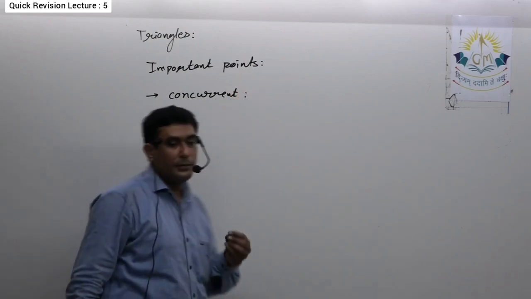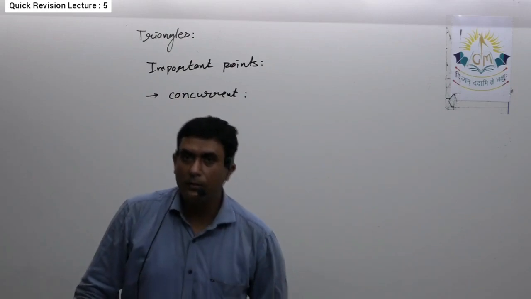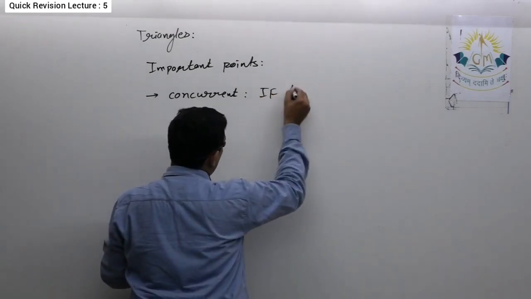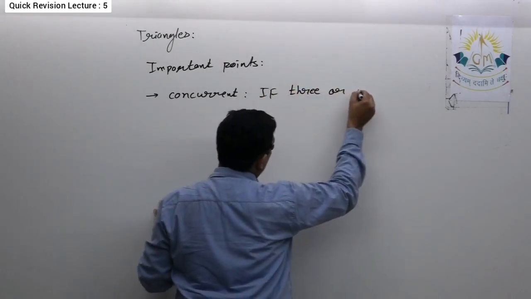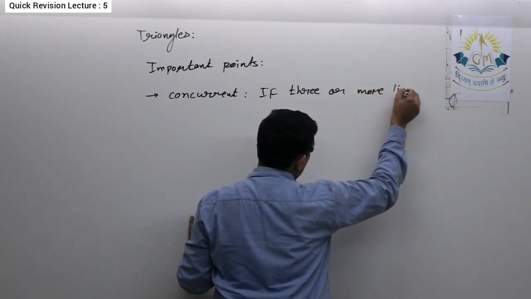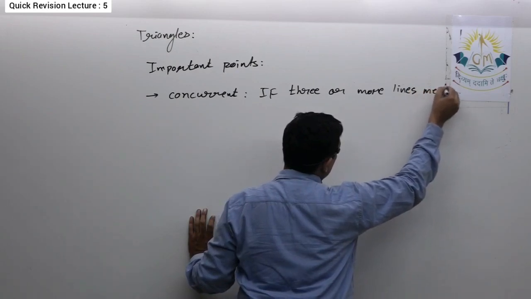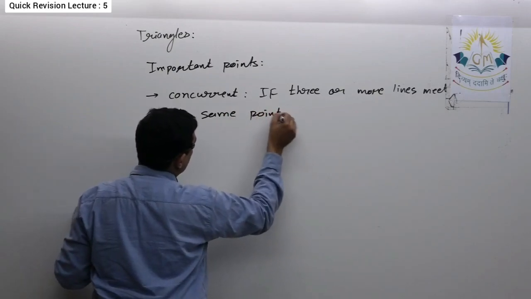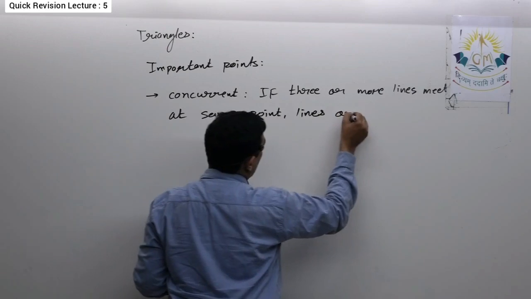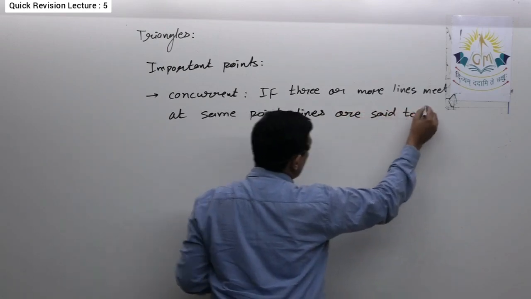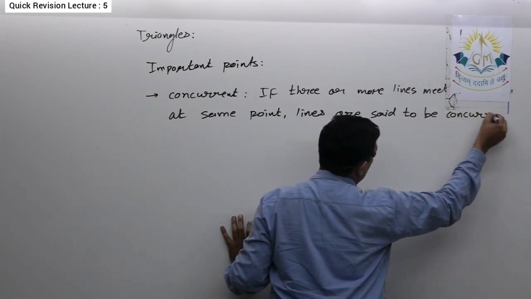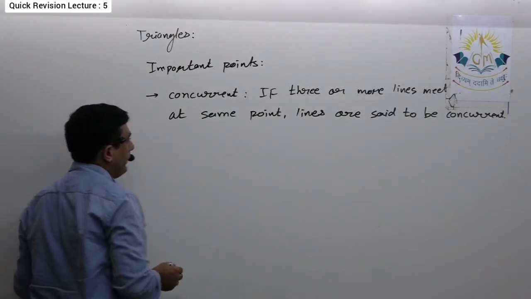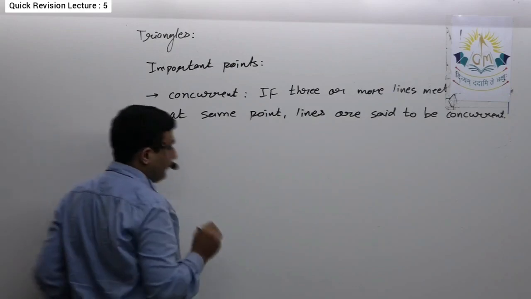Concurrent means if three or more lines meet at the same point, the lines are said to be concurrent. Now we'll see the points.